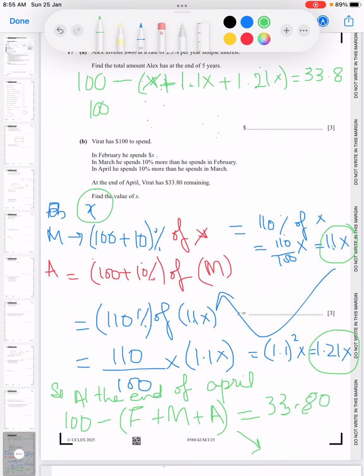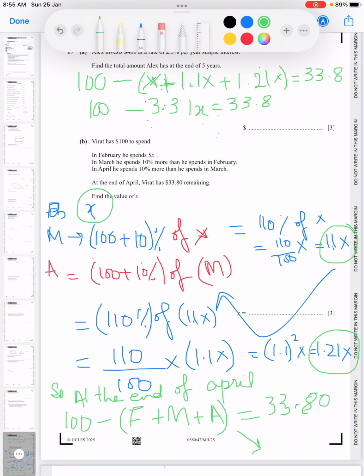So it will give you 100 minus 3.31x equals 33.8.